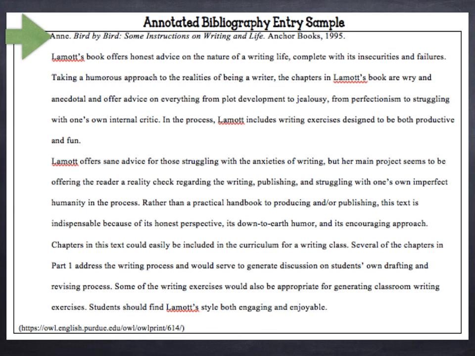Notice that the rest of the page is a hanging indent. So the first line of the citation is flush with the left margin, but nothing else is. In my annotation, I start with a summary. I move to an evaluation, and I conclude with a reflection. You have a copy of this example in your packet to look at.